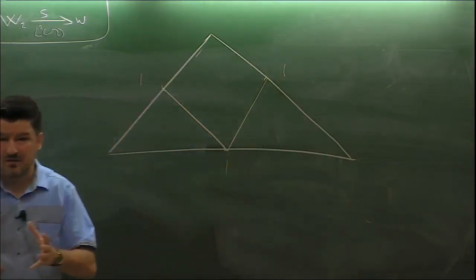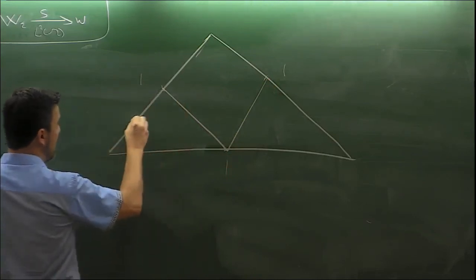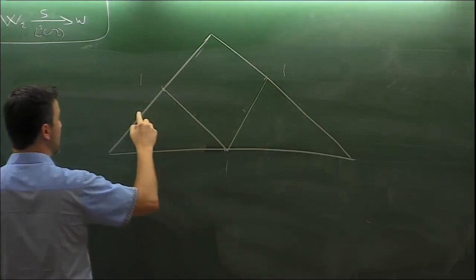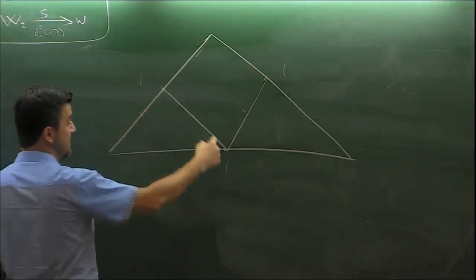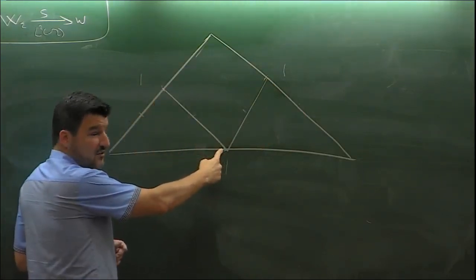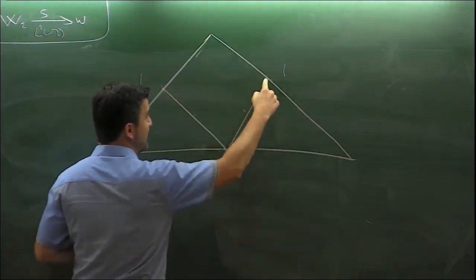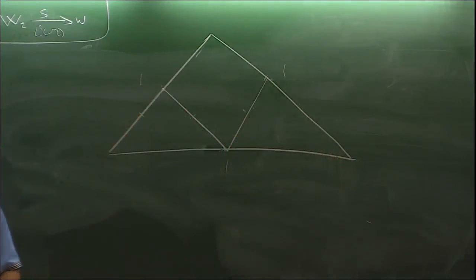I'm going to form a sequence. This is the first term of the sequence, the sum of the lengths: 1, 2, 3, 4. Each length, what is this? By Thales' theorem it is half of this, so this is 1/2, this is 1/2, this is 1/2. So the first element of the sequence is the sum of 4 halves, which is 2. And I keep forming the sequence.